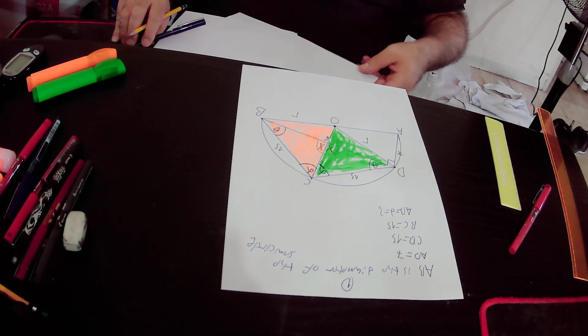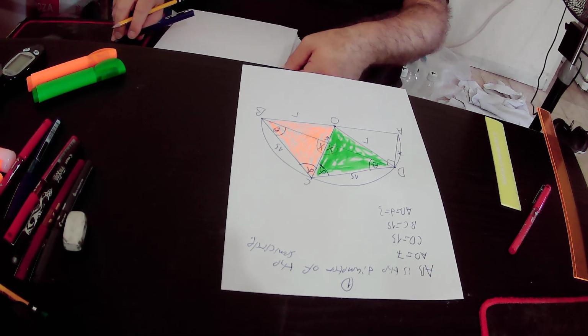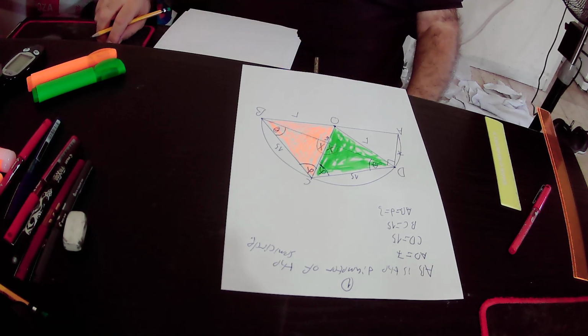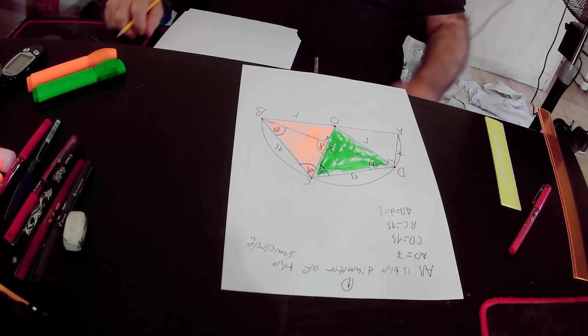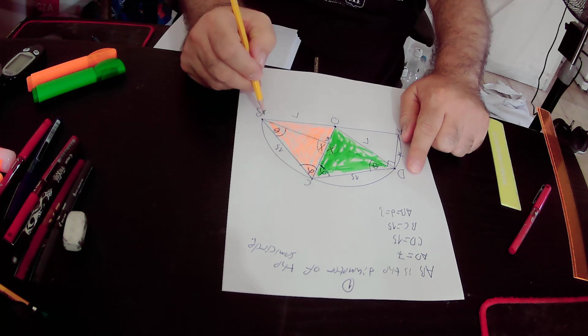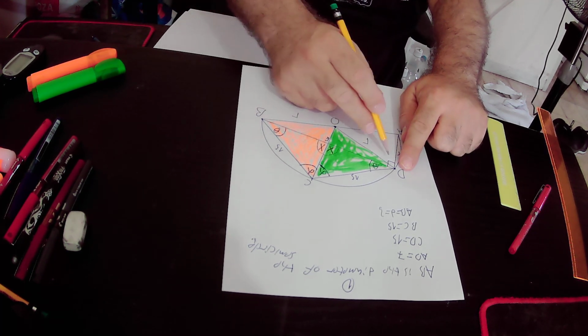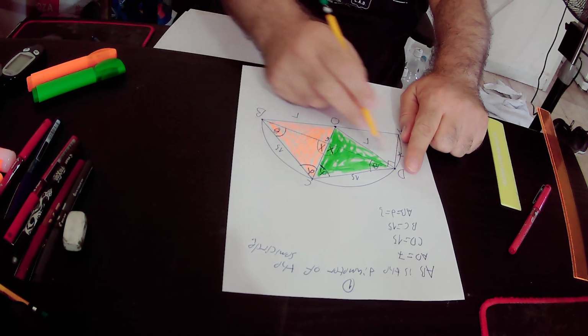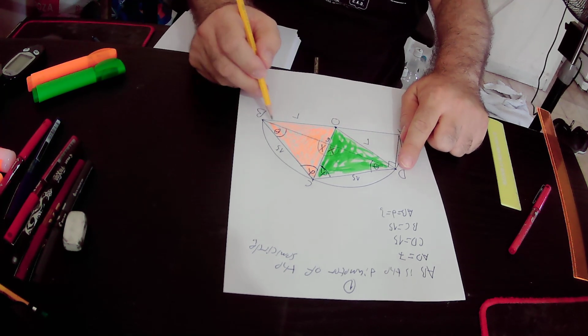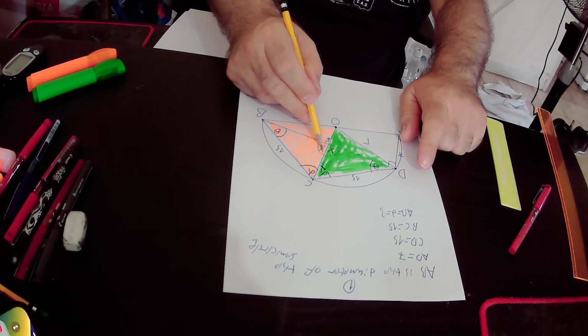Okay, and what is the value of angle DEB? Angle DEB equals x plus x from one side.